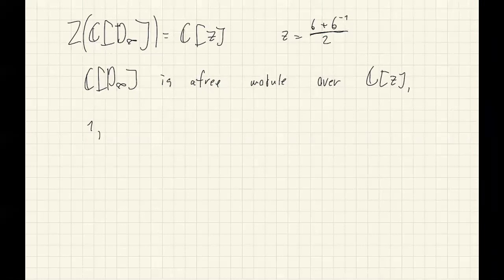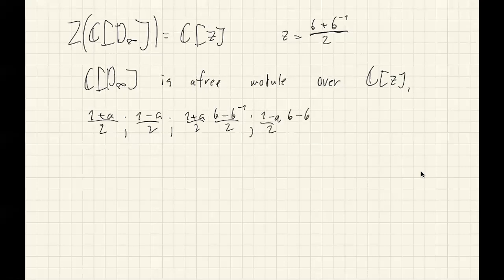I use these generators: 1 plus A, 1 minus A, divided by 2, 1 plus A2, and then B. Yeah, so it's a free module with this basis.